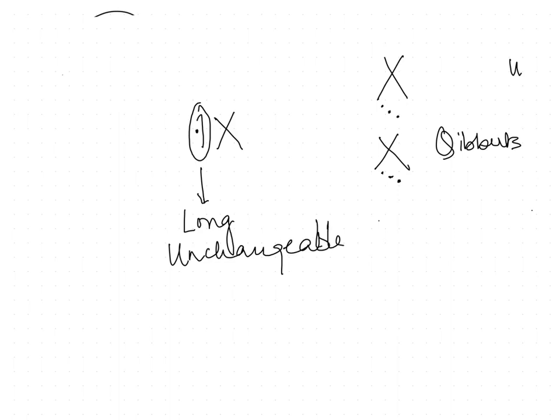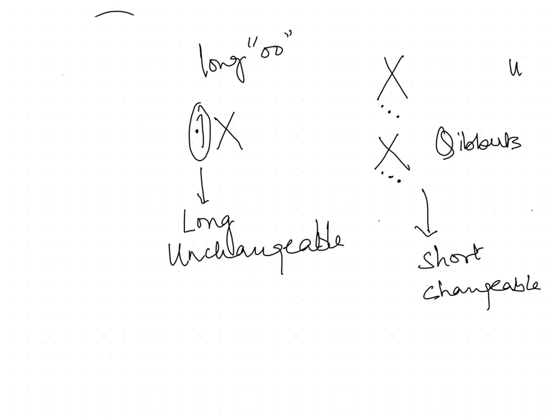This is the long oo sound. This is the short oo, and it is obviously changeable because all shorts are changeable. That's pretty much all of the sounds.